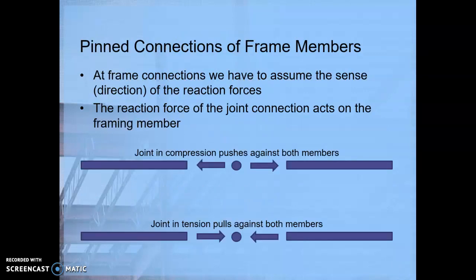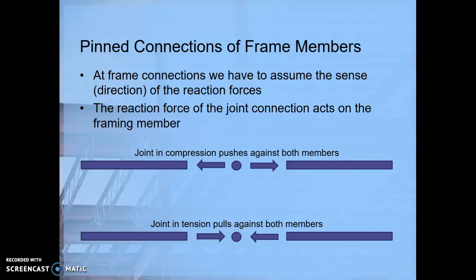So again, the thing we need to keep in mind here is that with truss analysis, we considered how the truss members were affecting the joints. And we need to flip that thought, and when we're looking at frame analysis, we need to think the other way around.